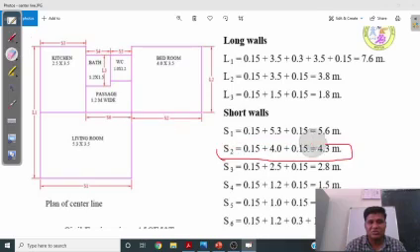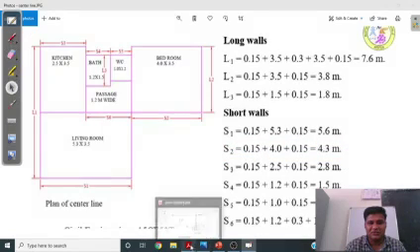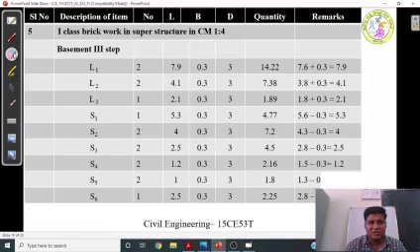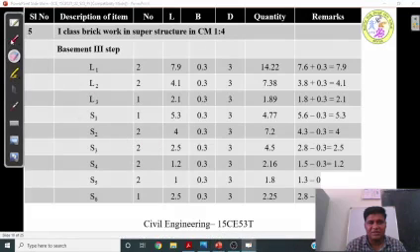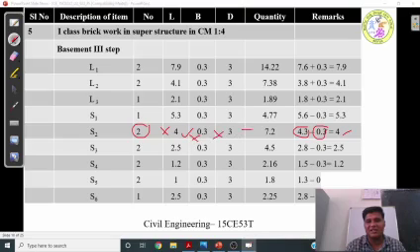So for S2, two numbers, length is 4.3 minus the breadth 0.3 will give me 4 meters. So 4 meter will be written here as the short wall length. So 2 into 4 into the width of the wall 0.3 into 3, the height, will give me the volume of wall S2, that is 7.2 cubic meters.